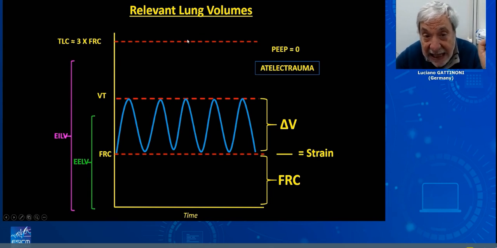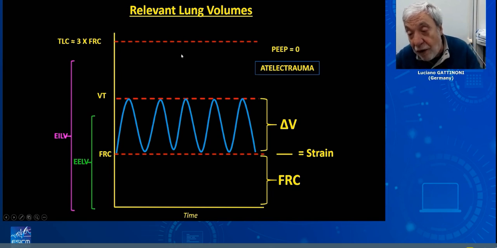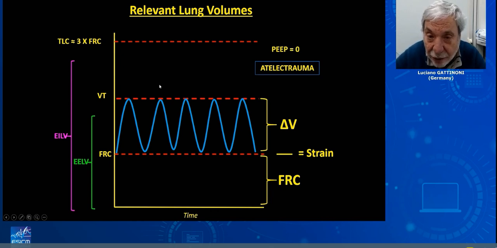And this is the region in which the strain becomes potentially very dangerous, which of course is a sort of distribution of total lung capacity. Some will be 2.5, some will be 3, some 3.5, but this is the order of magnitude.